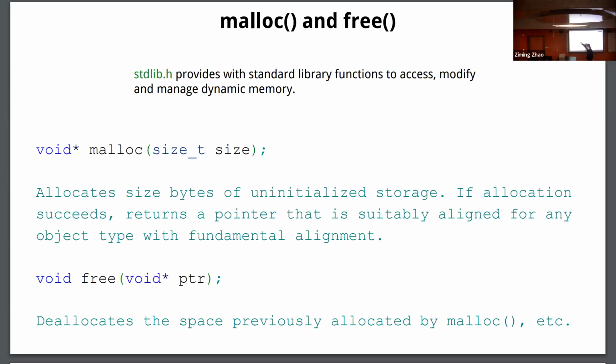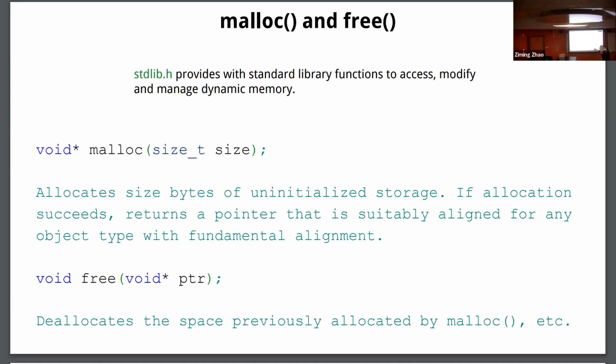So malloc allocates some bytes of uninitialized storage. If the allocation succeeds, the function will return a pointer to that memory location. This is very important because later we will see the underlying working of this.